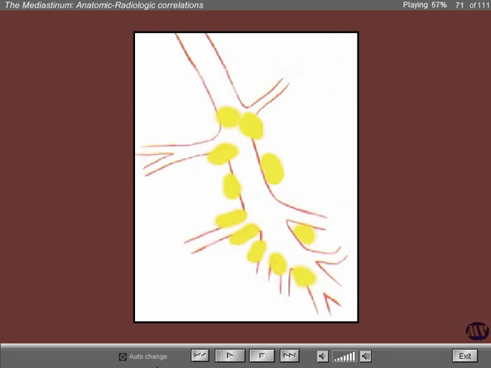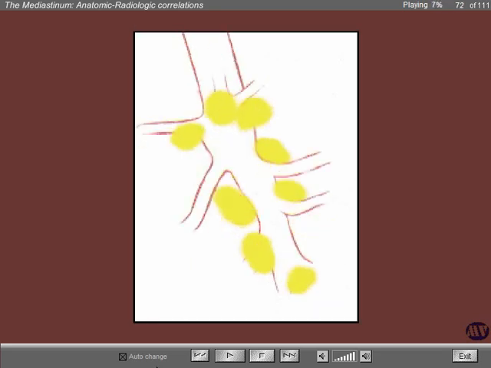If a lymph node becomes rounded, we must suspect that it is a pathological node, particularly when it exceeds 2 centimeters in diameter. Another diagram shows the anatomical location of lymph nodes as they relate to the branching of the left tracheobronchial structures.